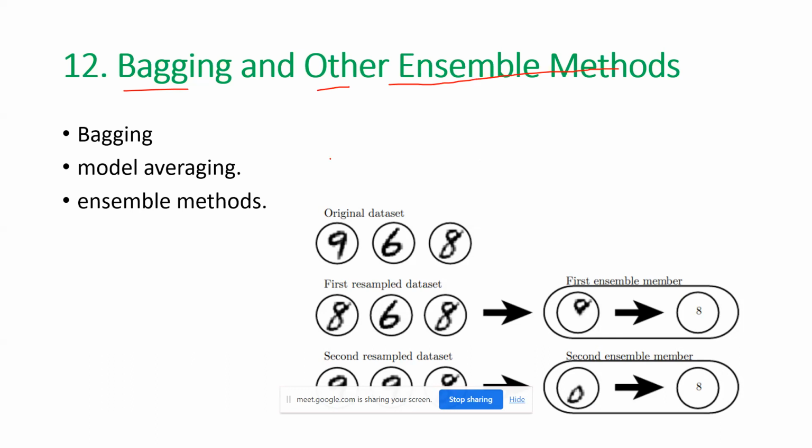So the bagging method is used like this: initially we are dividing our original data set into several individual data sets. So here we are following the IID model, independent identically distributed data sets.